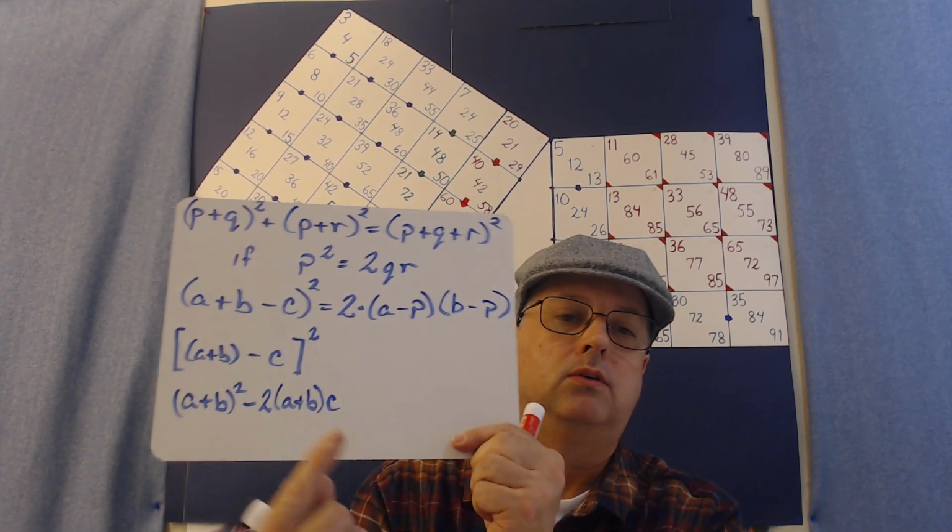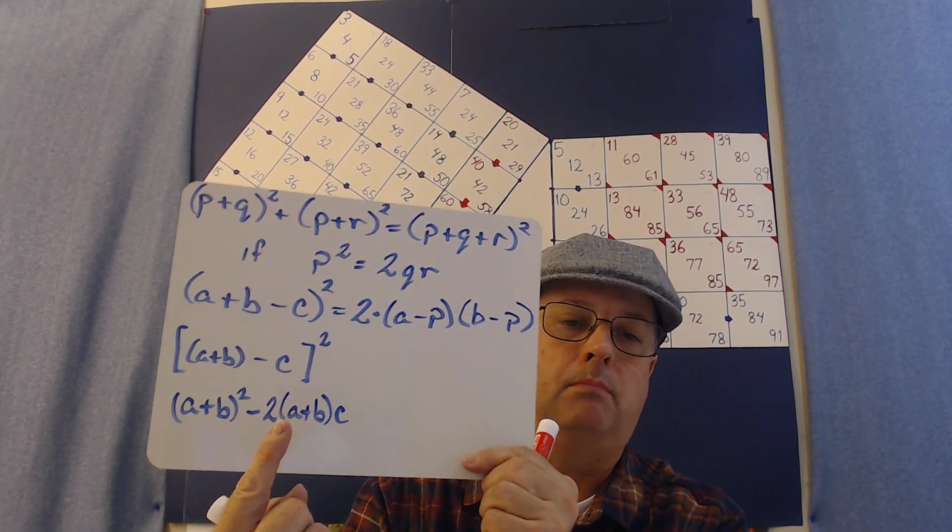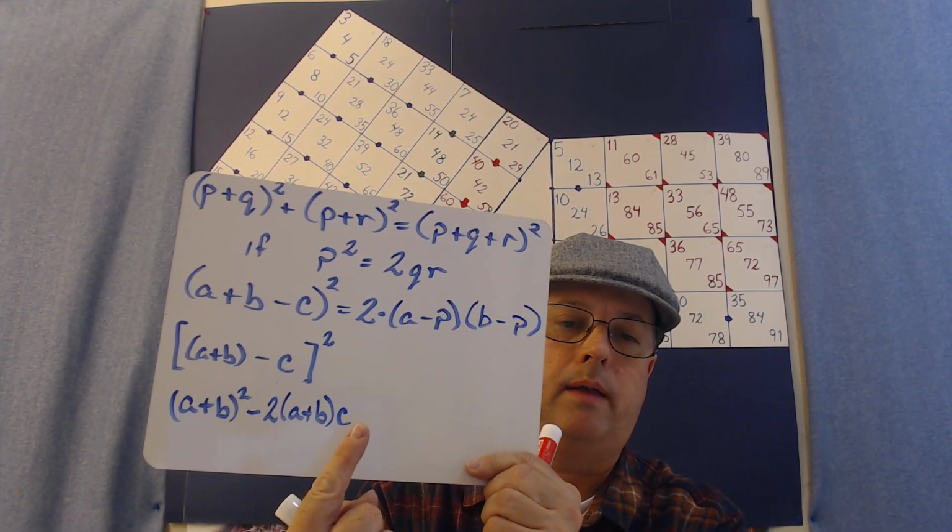So then we want to put a minus 2XY. So that's minus 2 times the A plus B, and the C is the Y. So X squared minus 2XY plus C squared.